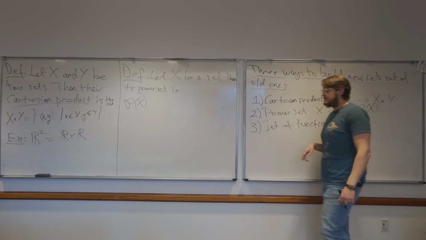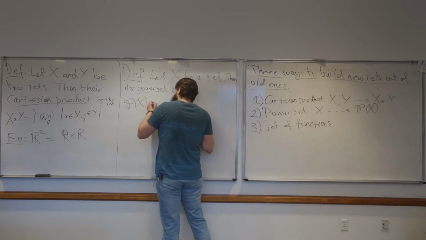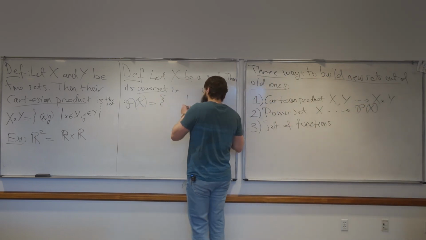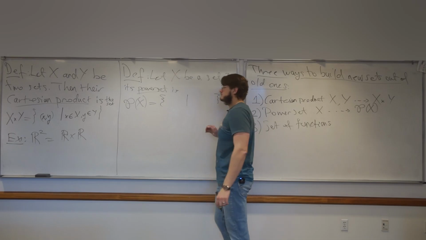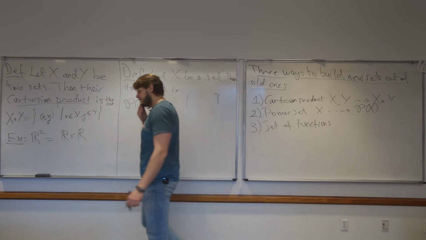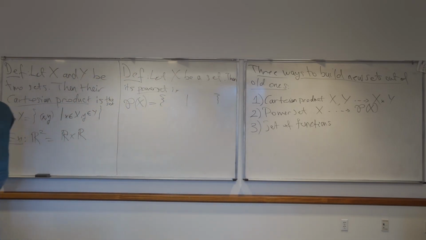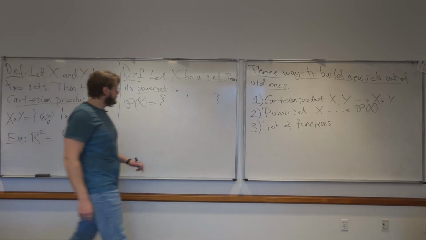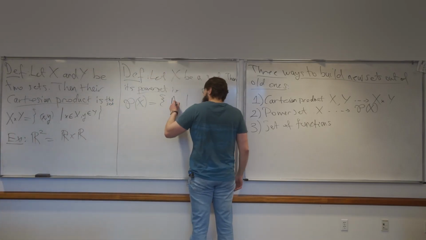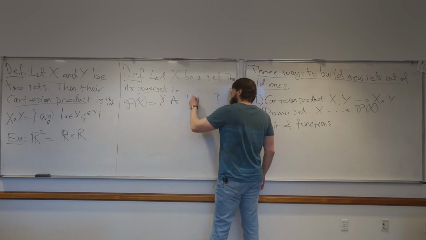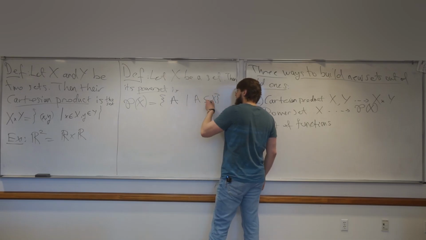Again, I'm going to use the set builder notation. And here, something bizarre is going to happen. The power set of x is the set of all subsets of x. In other words, it's the set of all those A's such that A is a subset of x.